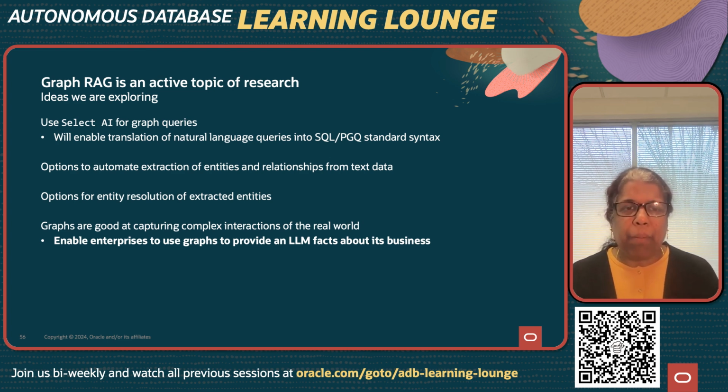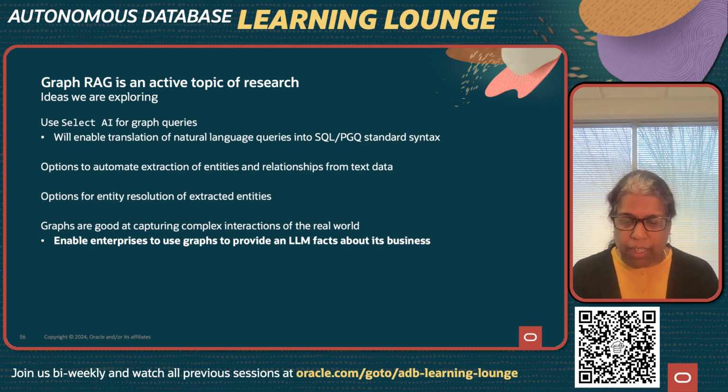But the basic point is graphs are really good at capturing complex interactions, and hence the name knowledge graphs. People like to use the word knowledge graph. It just talks about how relationships and interactions in the world can be captured, and that can be used to enhance search, enhance queries we ask of our LLMs, and so on. We're also exploring how we can use Select AI to generate graph queries.